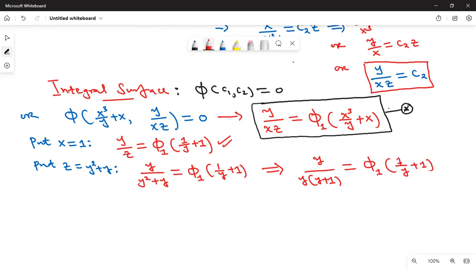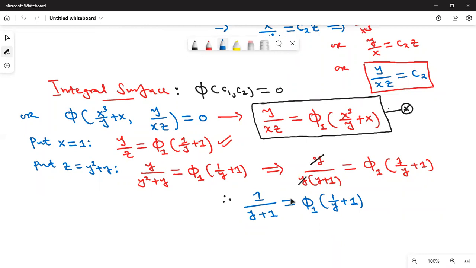And now these two Y's will cancel. So you can just say therefore 1 over Y plus 1 is equal to phi1 of 1 over Y plus 1. So that's what we have.